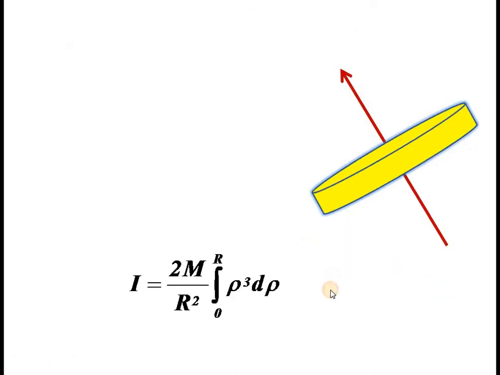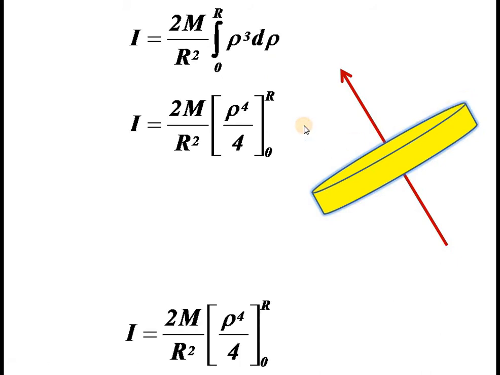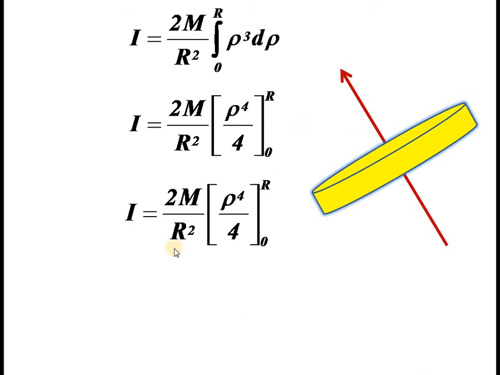So let us do it. What happens when you do that? 2M by R square outside, and the integration of rho cubed gives rho raised to 4 by 4, with limits from 0 to R. So you have 2M by R square into rho raised to 4 by 4.